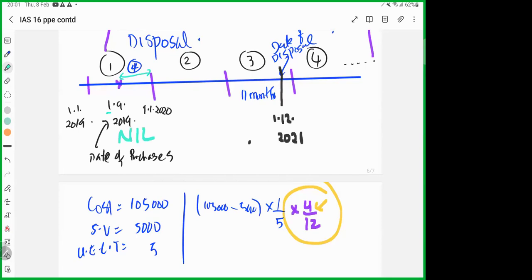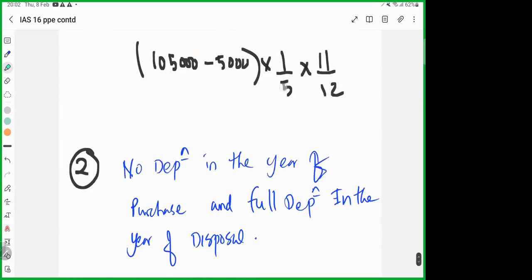Correct? Whereas year 3, how much? Full depreciation. Meaning it will be 20,000. Mr. Zubair, you also following me, right? Yes. Very good. Okay, this is policy number 2. There is also a third policy.